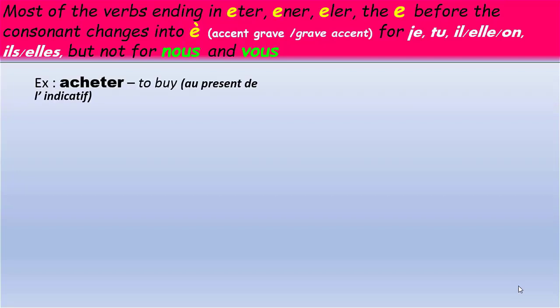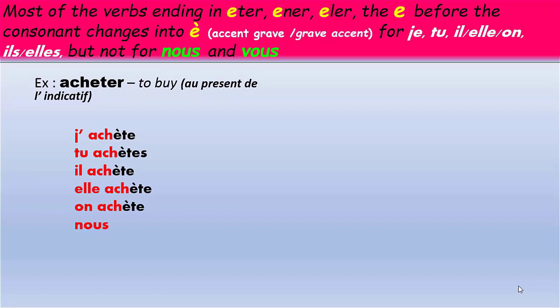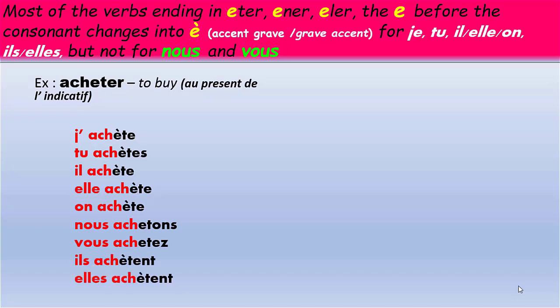Exemple, acheter, which means to buy, au présent de l'indicatif. J'achète, tu achètes, il achète, elle achète, on achète, nous achetons, vous achetez, ils achètent, elles achètent.